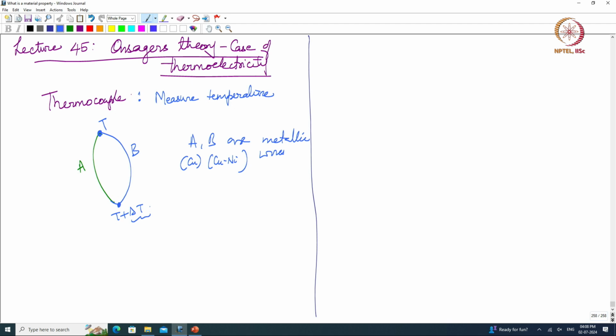I am going to connect a voltmeter there, and I am not going to pass any electrical current, because I do not complete the circuit. The voltmeter has infinite resistance, but I just measure the voltage.